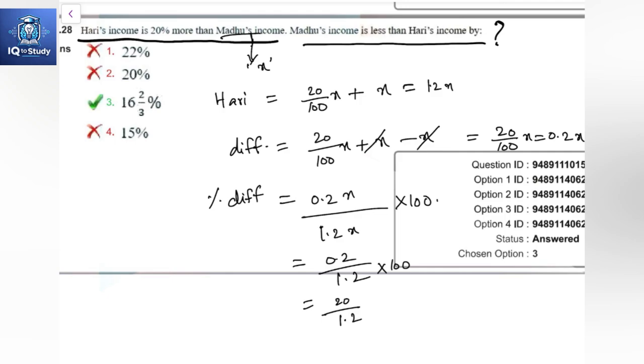It can also be written as 16.67%, which is option 3.